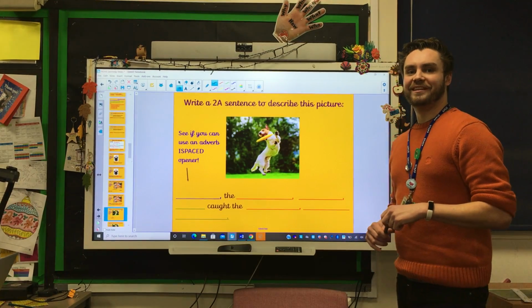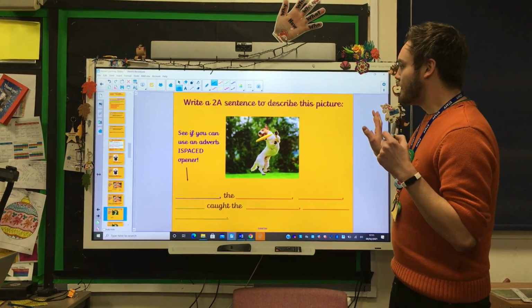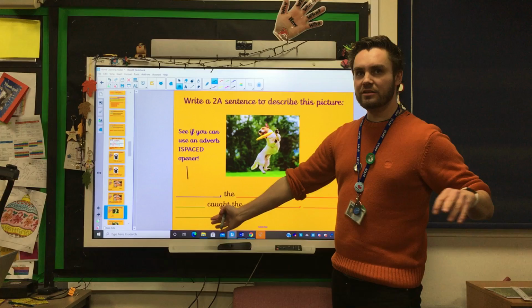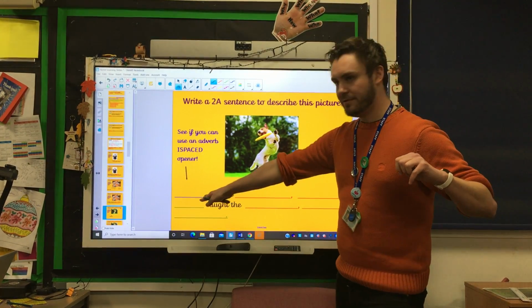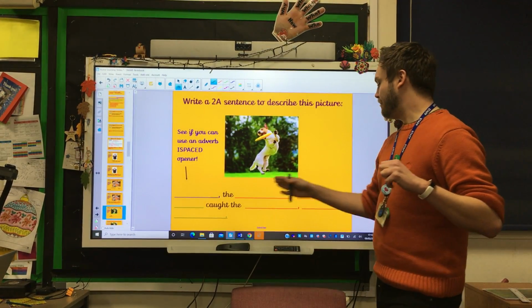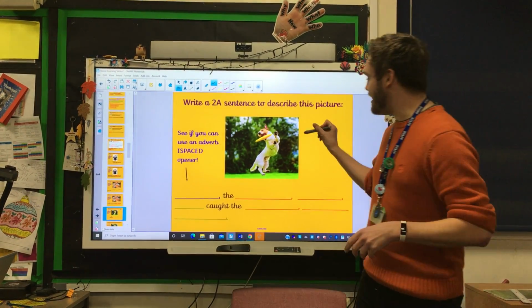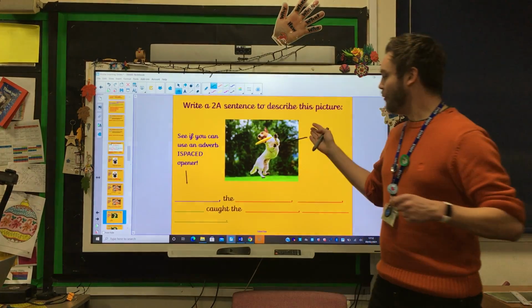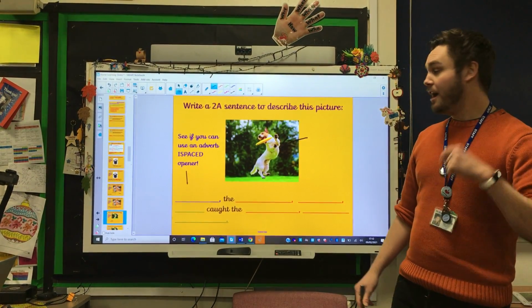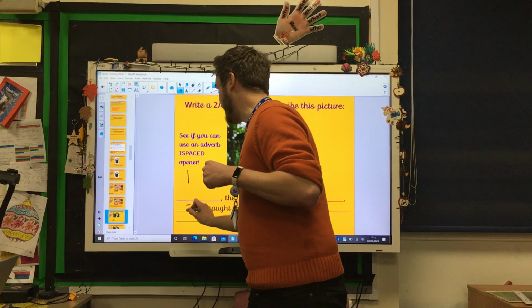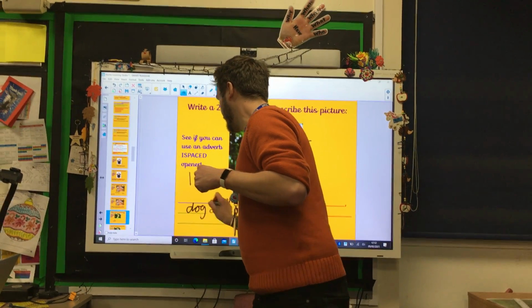Let's go for another one then as well. So have a think again. Use an I-spy opener if you want to. That's what the blue section stands for. What is the thing that's catching something? What is the main focus of our attention? What is that noun we are looking at there? Hopefully, most of you can say it's a dog.